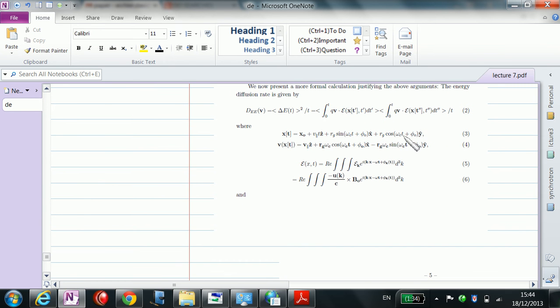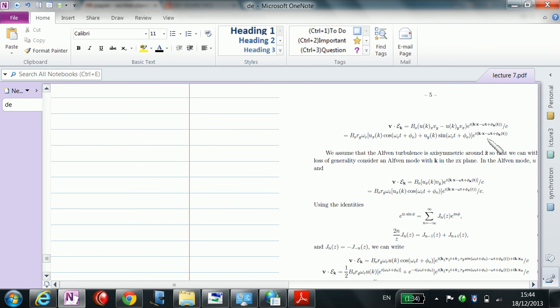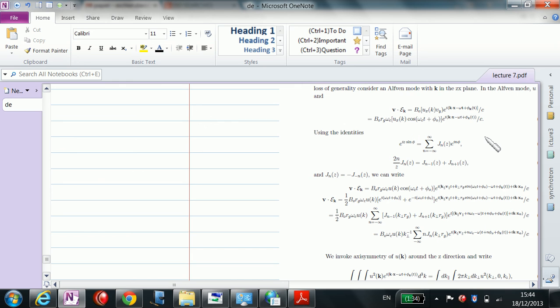It's equal to this. So I have to take this and replace it for this x in the exponent.